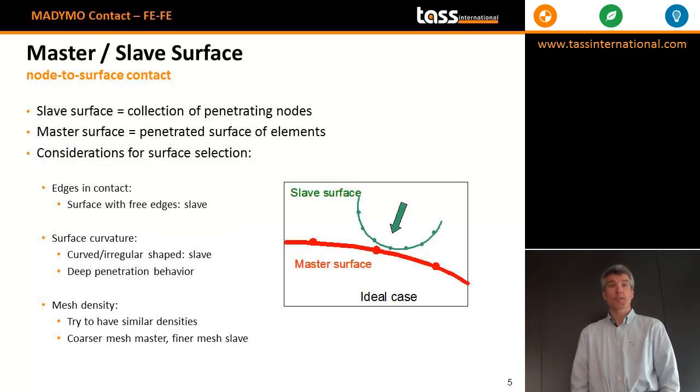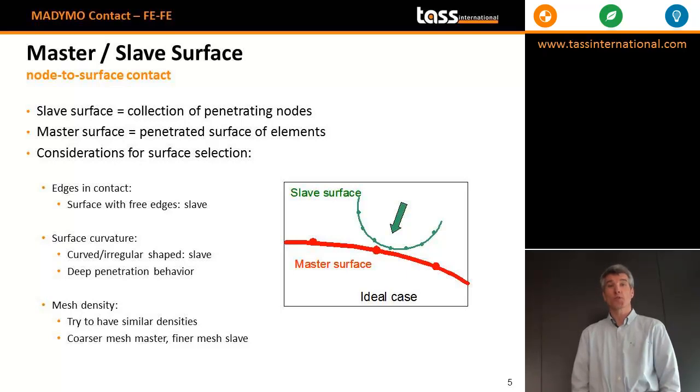The next slides will address the node-to-surface contact. Those are applicable for the material-based as well as the characteristic-based, but not for the surface-to-surface. The slave surface are the penetrating nodes.